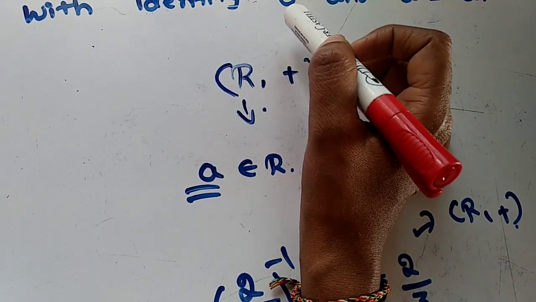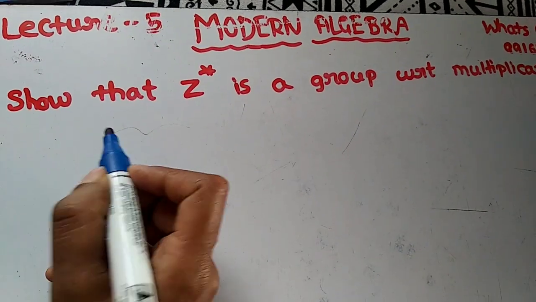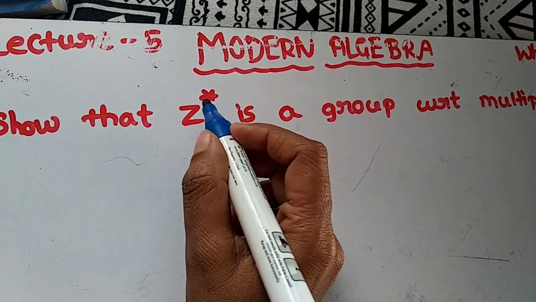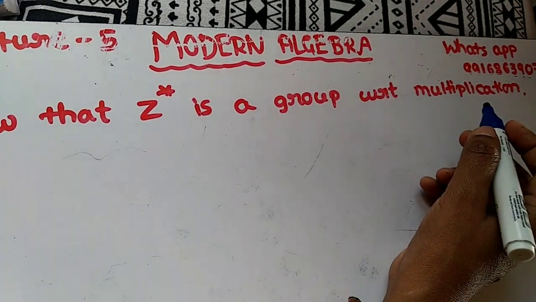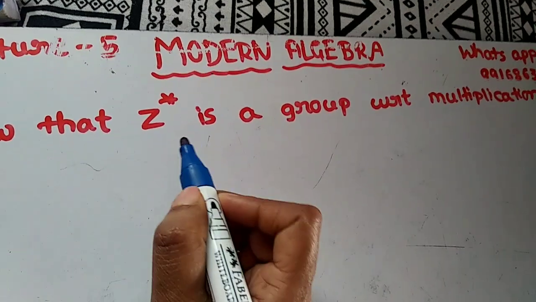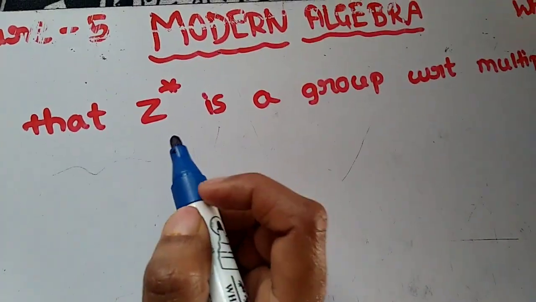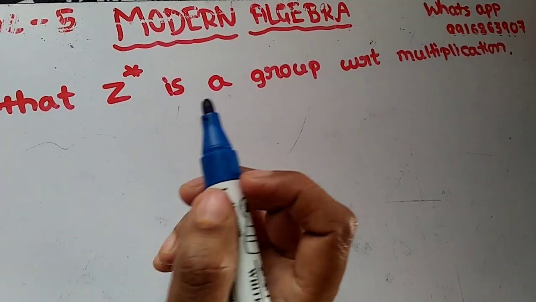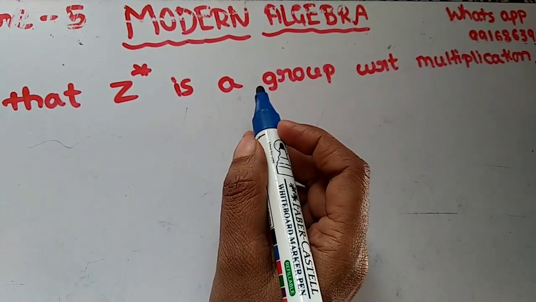Now let us move on to the multiplication operation. First, show that Z star is a group with respect to multiplication. Okay, Z star means what? In the integers, we take only those elements which help us in finding whether it is a group or not.